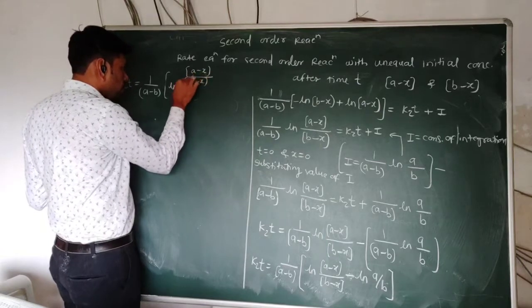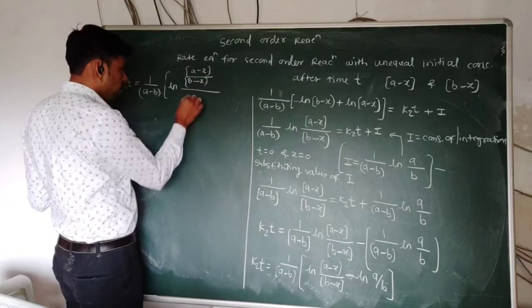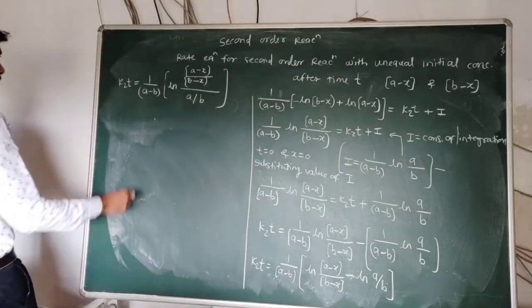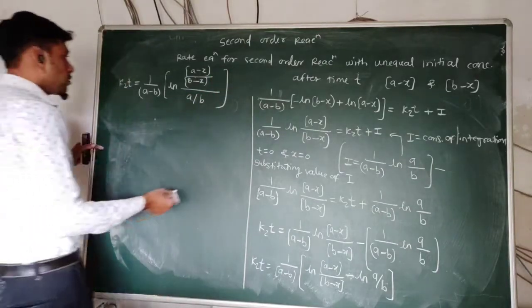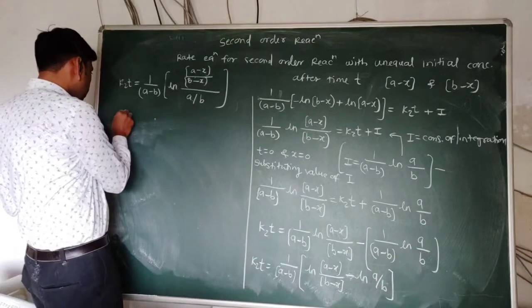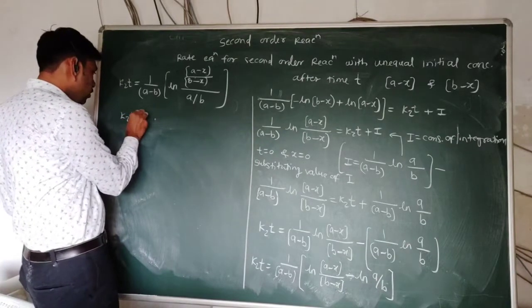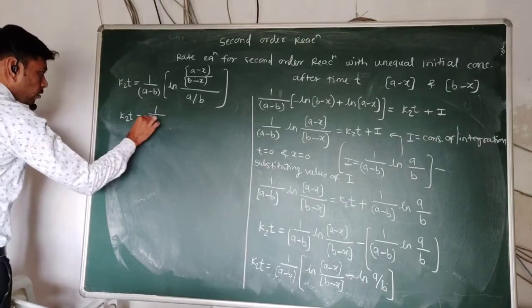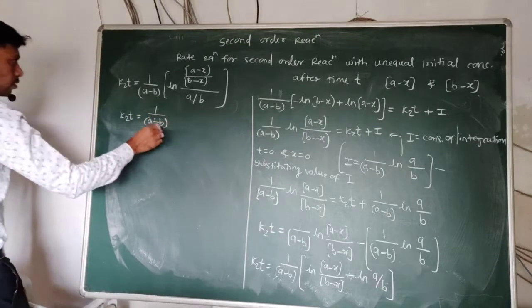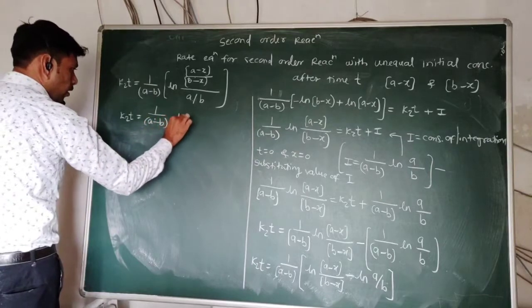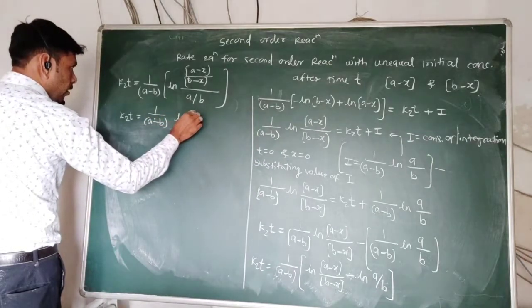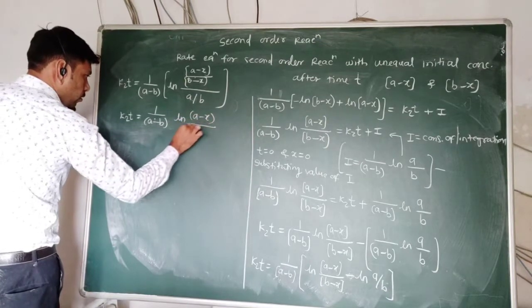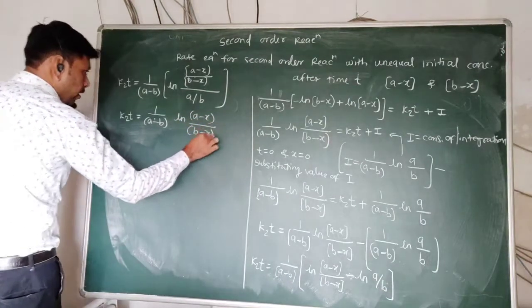So if this equation is written in rearranged format, k2t equals 1 upon a minus b, ln (a minus x) upon (b minus x).